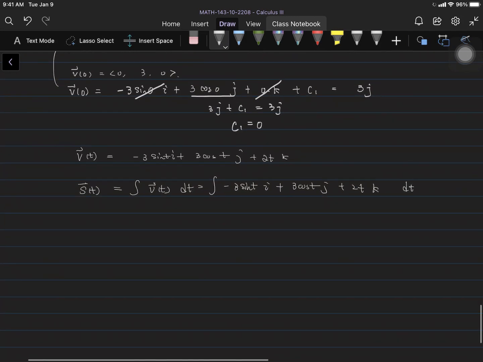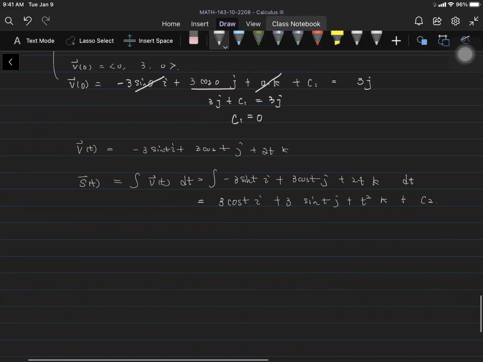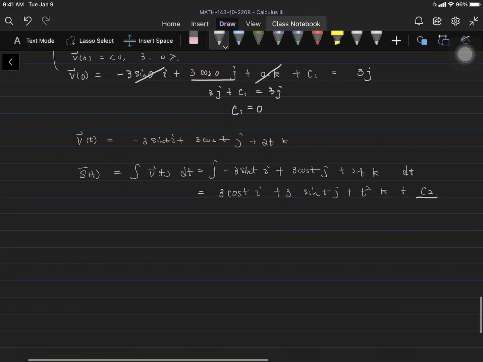Let's evaluate this integral. So this should be 3 cosine t i plus 3 sine t j plus t squared k plus c2. Right, plus c2.